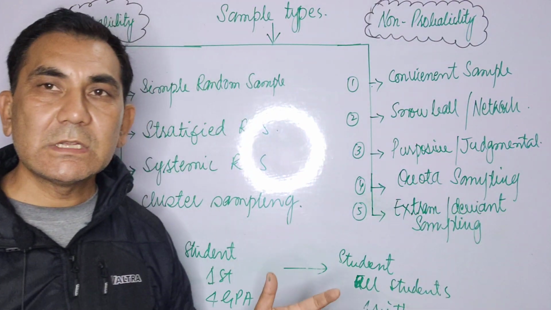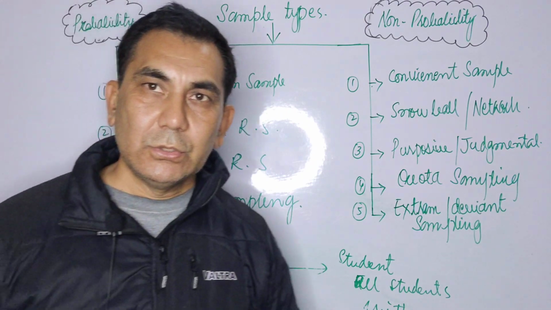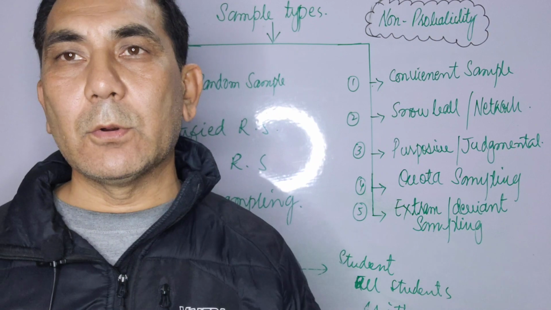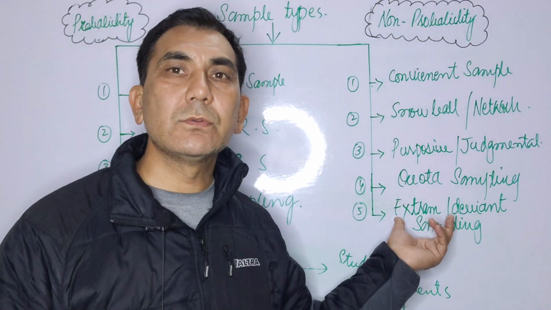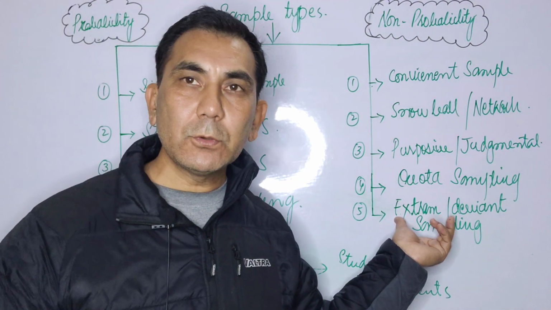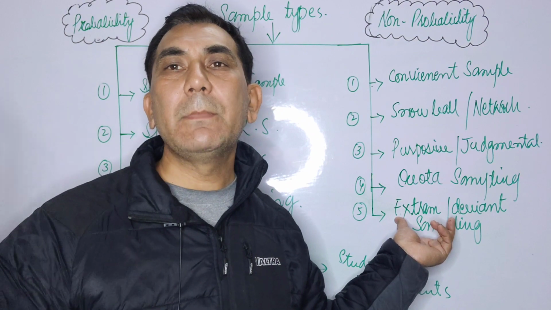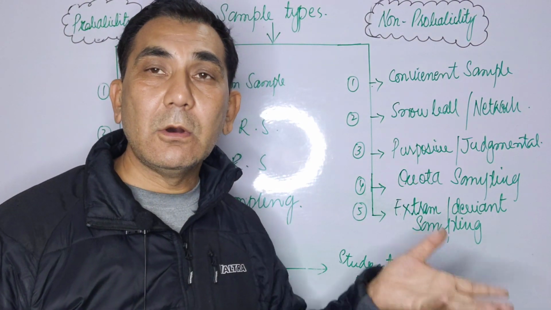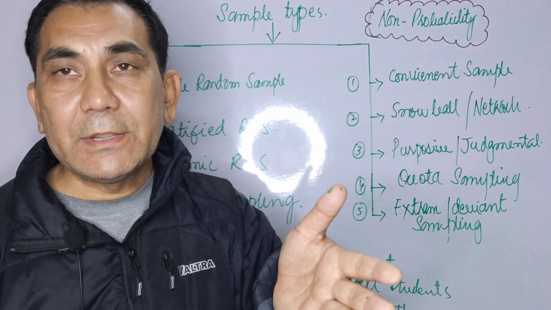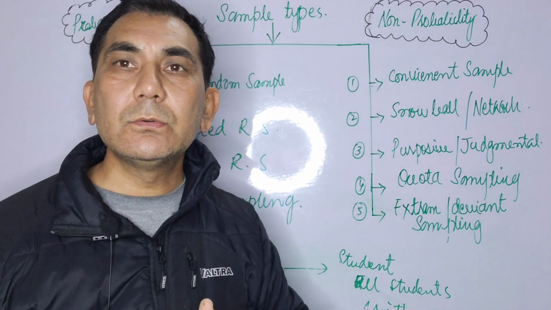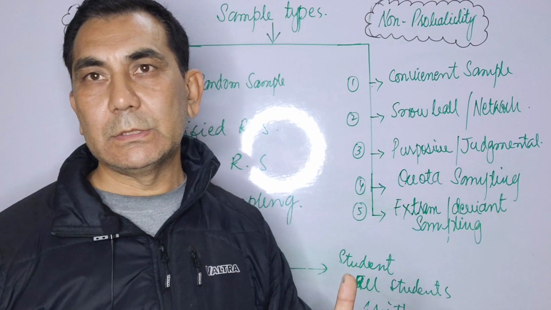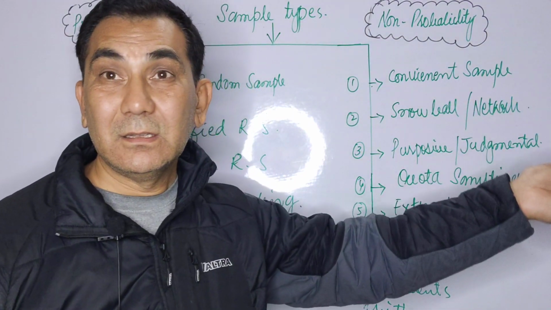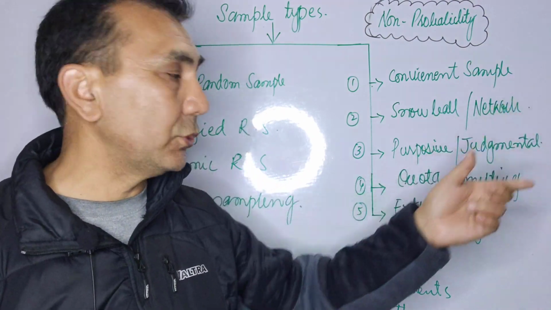Quota sampling again uses a quota, in number or in proportion, and we select according to the population proportion. If the proportion of a particular group is higher, then we take more numbers from that population, because its quota is higher due to this proportion.